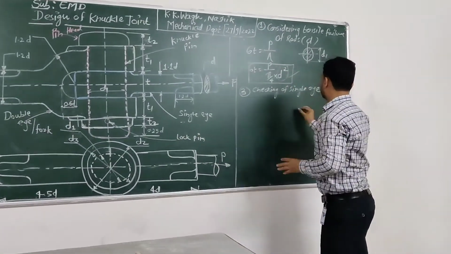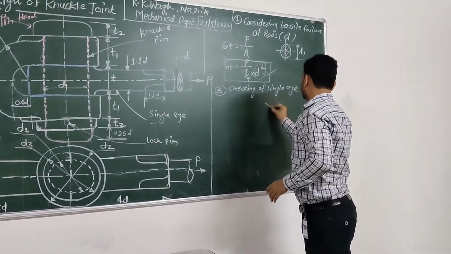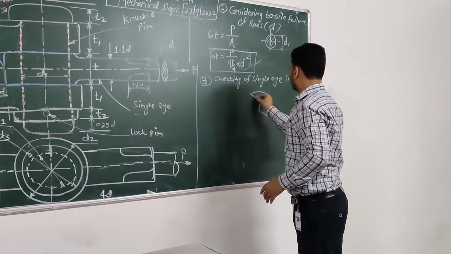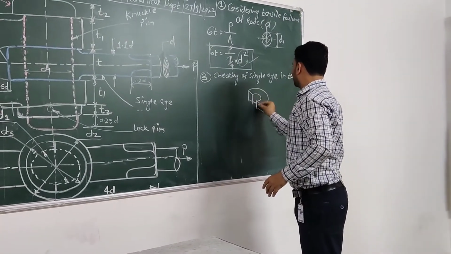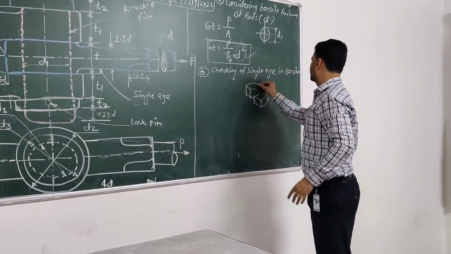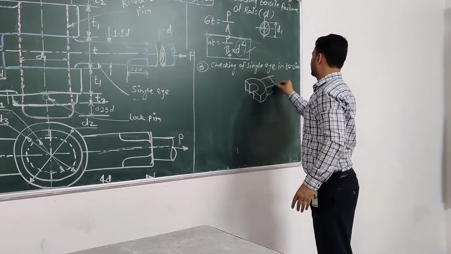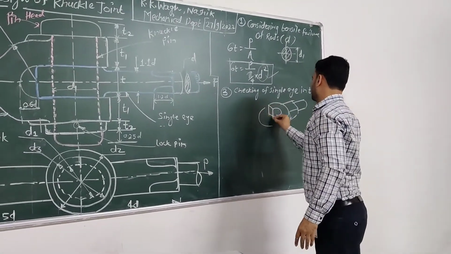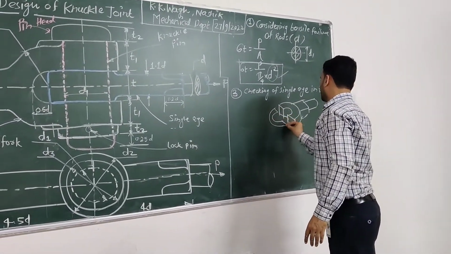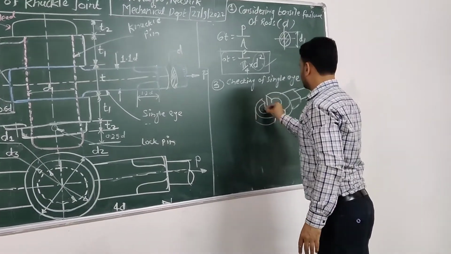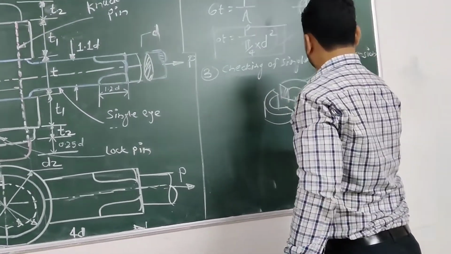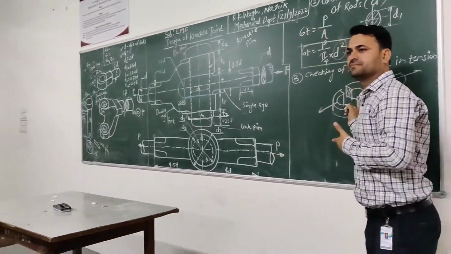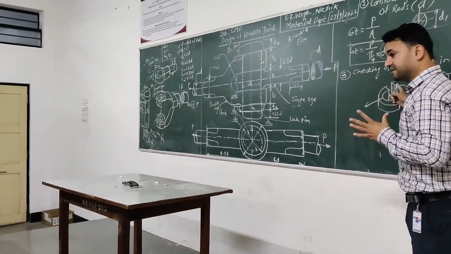Consider this is the single eye. Who will tell me how failure is going to occur? This is the tensile failure.